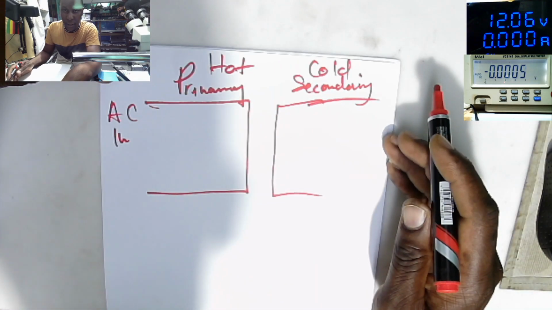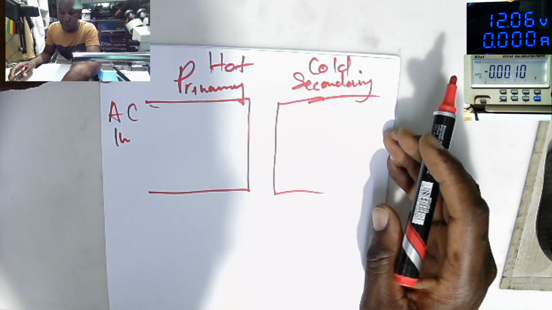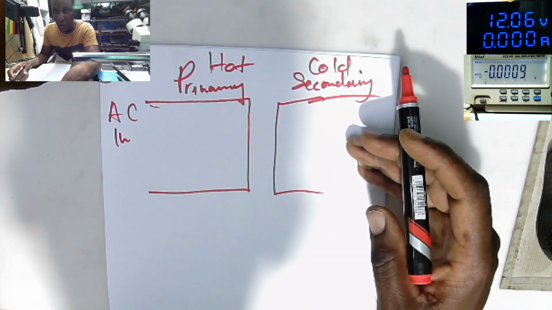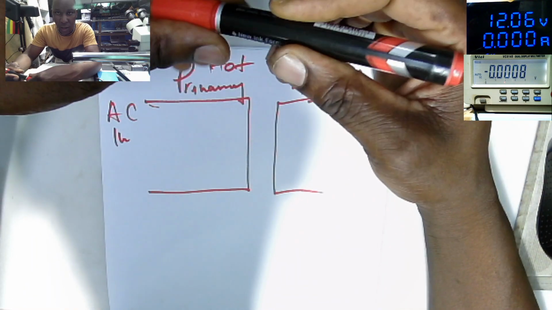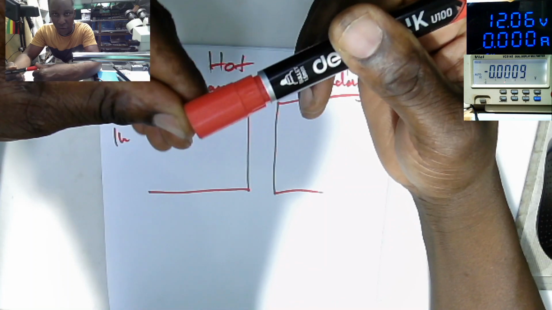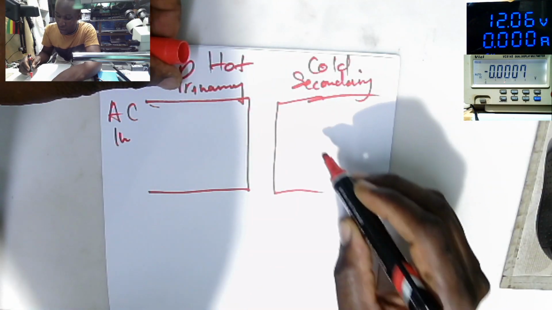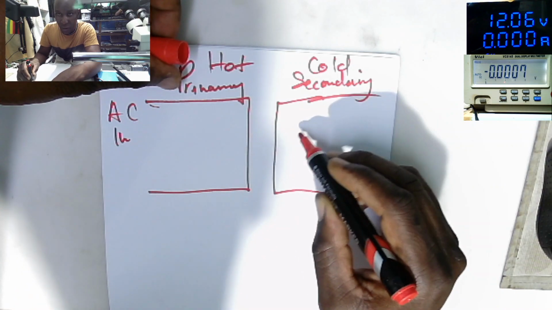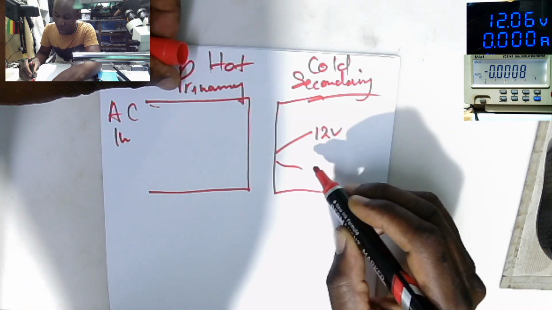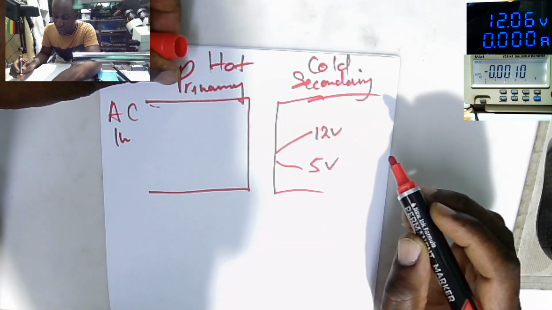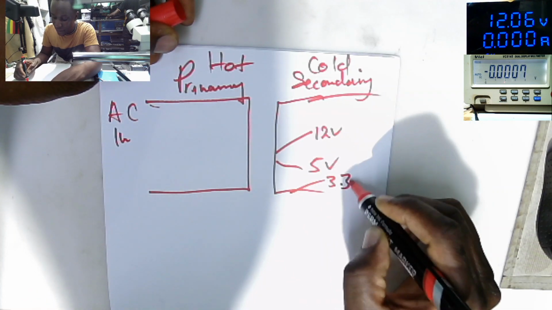Let's concentrate on the secondary, because that's where we have all the outputs for the power supply. We have many outputs. On the secondary we have a 12 volts supply, 5 volts for the standby, and 3.3 for the processor.